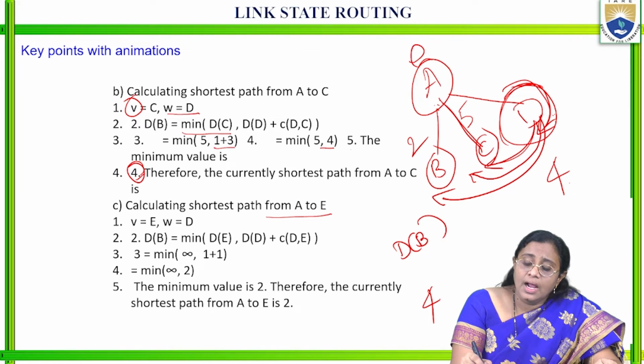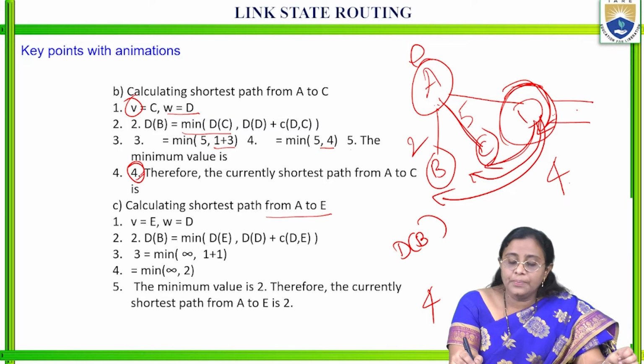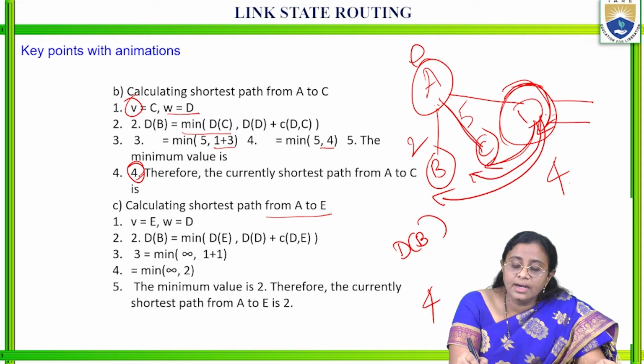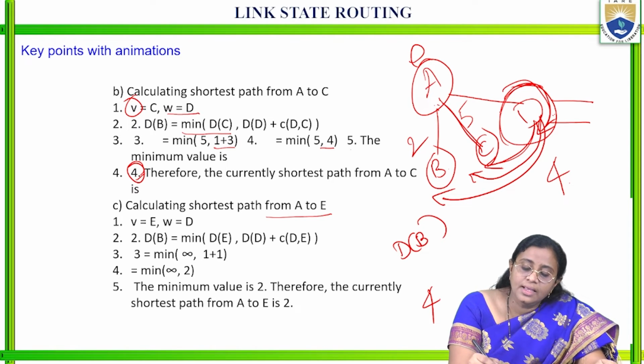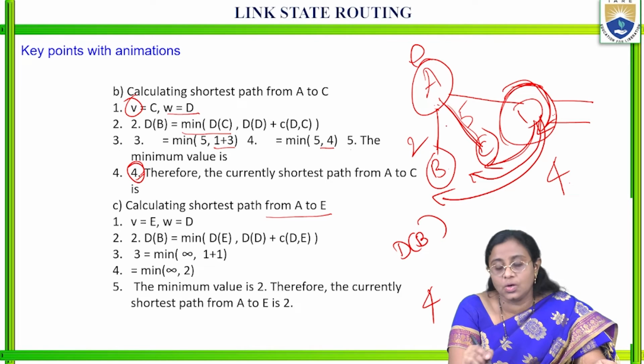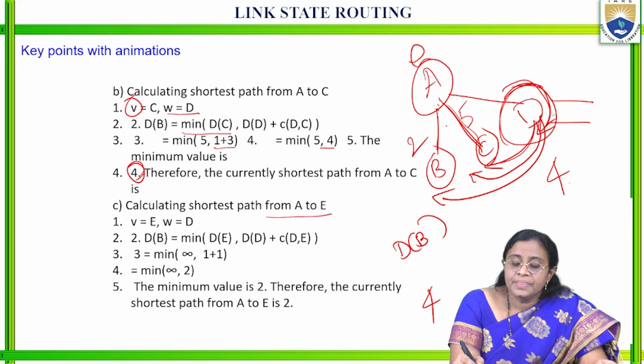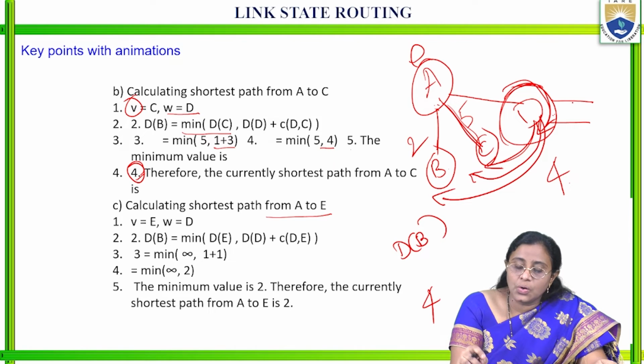Coming to E and F, those are the subnodes associated with B, C and D. So B, C and D are the direct nodes associated with the root node, whereas E and F are extended paths linked by means of C and D.